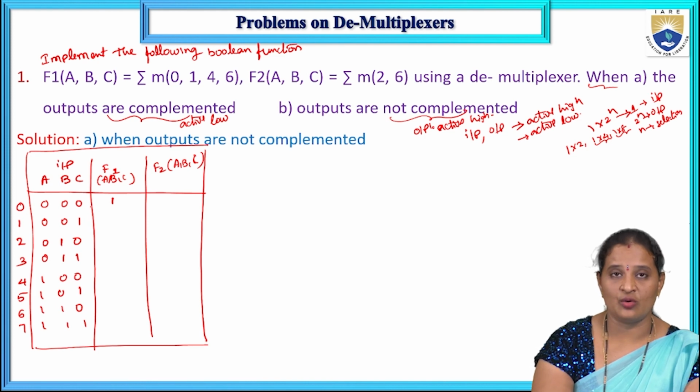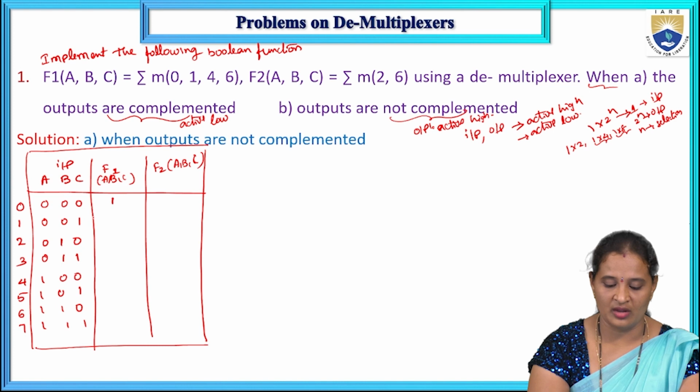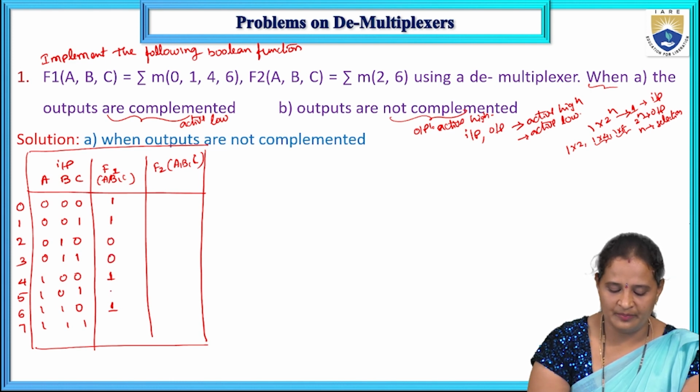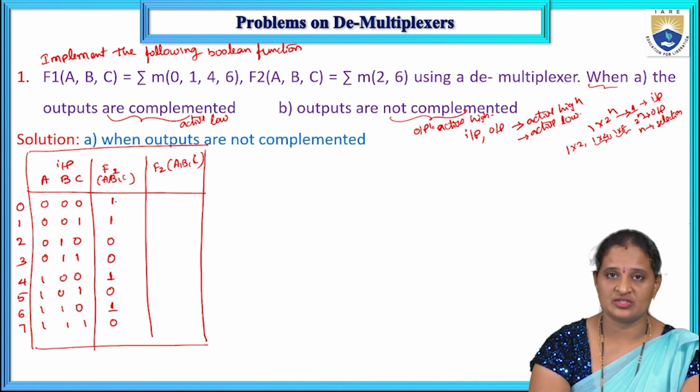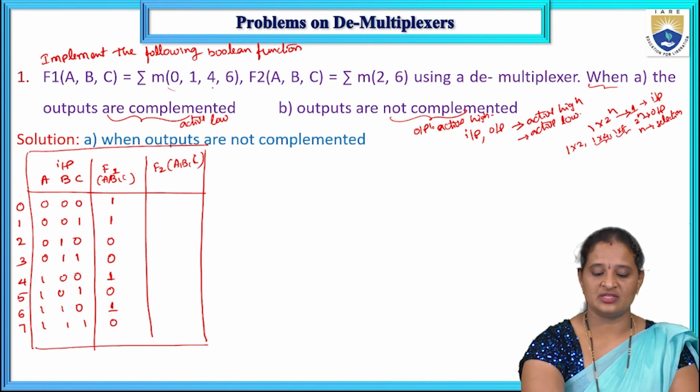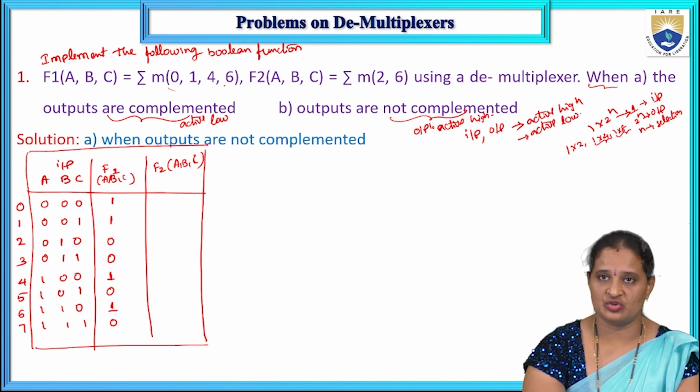For 0, function f1 is 1, and 1 is also 1, and then 4 it is 1, and then 6 it is 1. For the remaining, it is 0. Only for the min terms m0, m1, m4 and m6, the function output f1 is considered to be 1. And for all the other min terms which are not present here, the function output is considered to be 0.